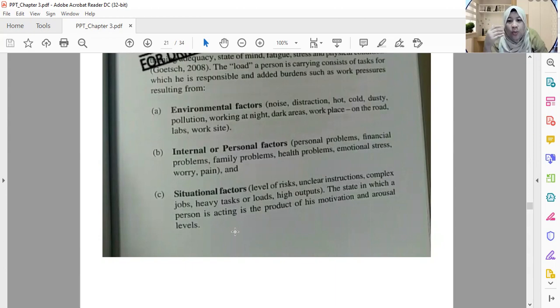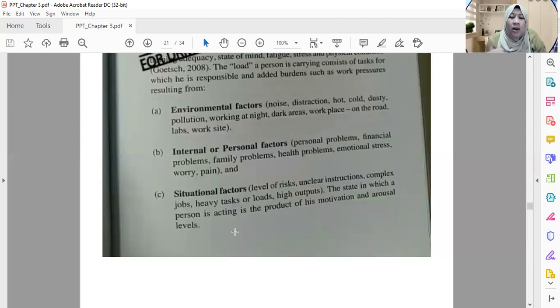When we work at night, there are tools we use like torchlight. But nowadays people don't bring a torchlight, they just use their handphone with the torchlight feature. And then we have workplaces on the roads, the labs, and the work site. These are some of the factors that can trigger human errors.